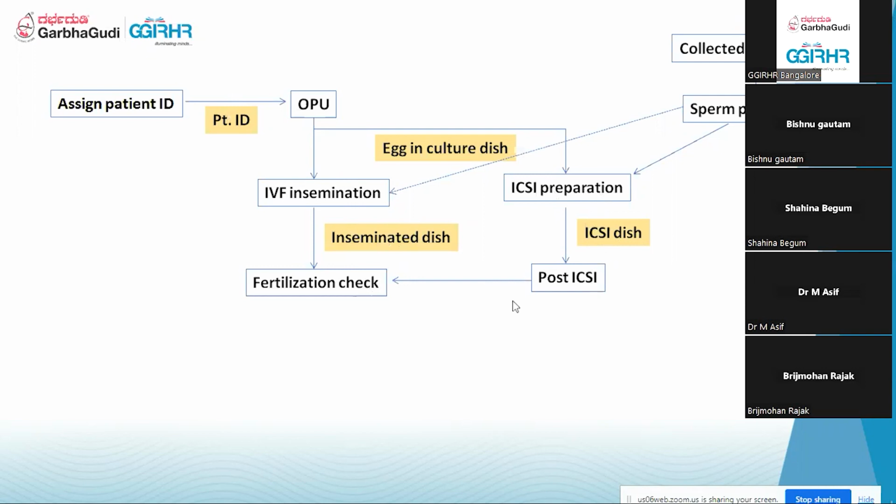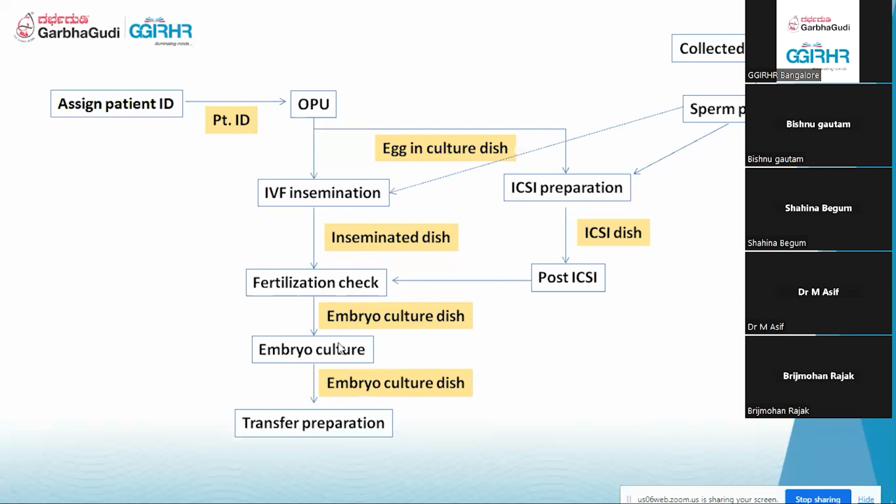After post ICSI, again the same thing, we check fertilization. After that, on day one, we keep it for embryo culture. This embryo culture dish also can be coded with the RI witnessing system.